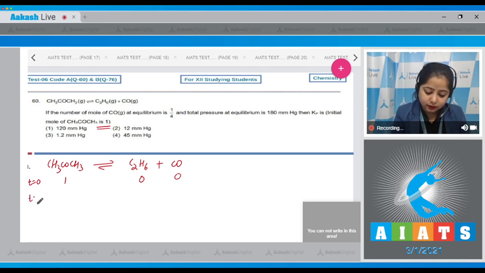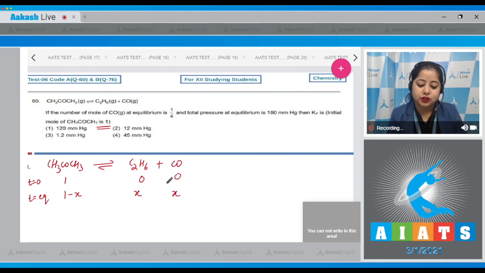At equilibrium, let's consider that X moles of acetone convert to X moles of products, that is X moles of C2H6 and X moles of CO. We are already given that at equilibrium the number of moles of CO gas is 1 by 4.